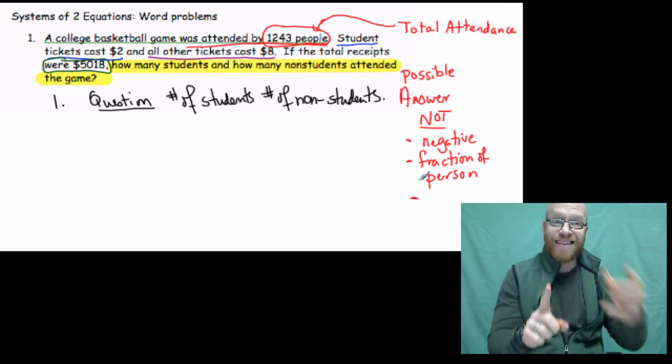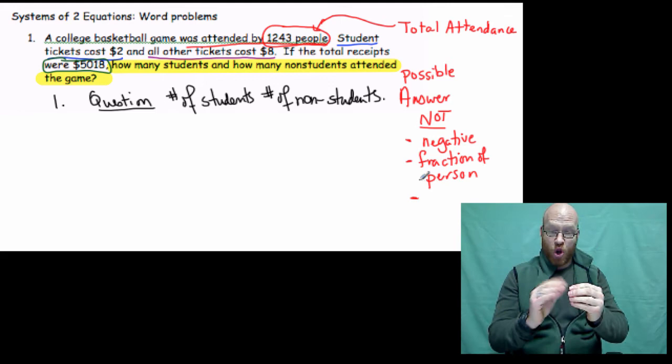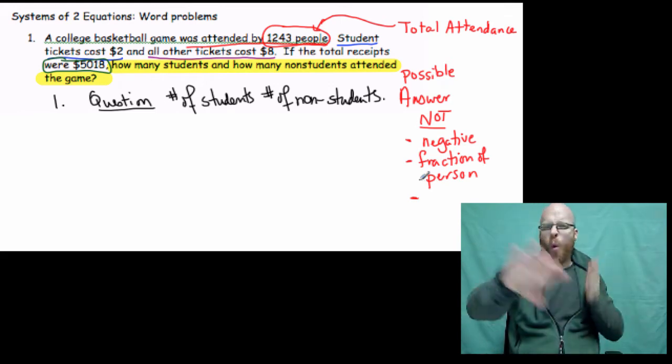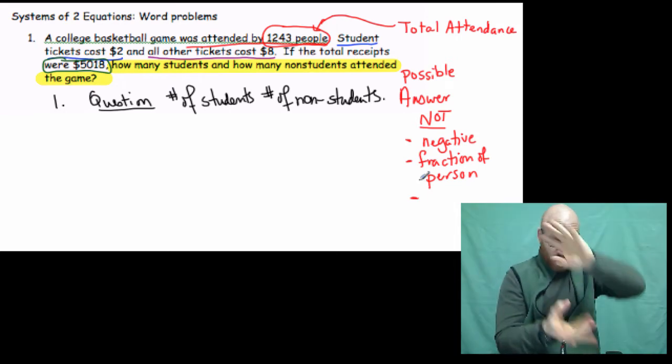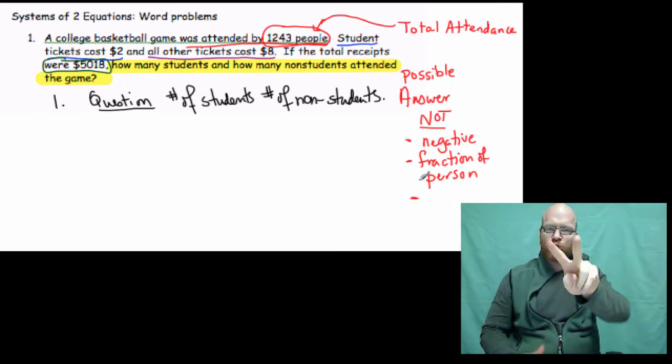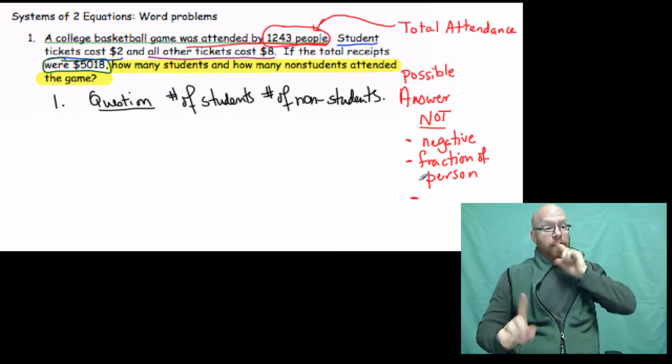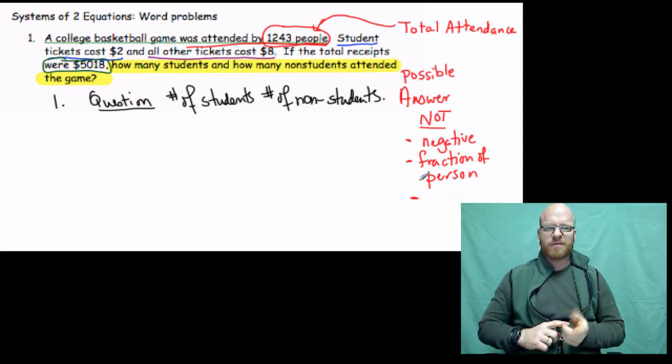And also, the number of students or non-students can't go over 1,243 because the total people in attendance was 1,243. So if I found 2,000 students to be there, something's wrong.